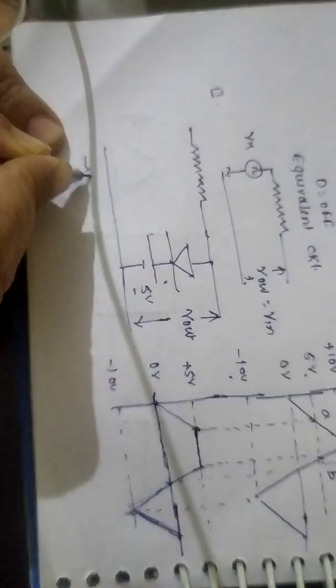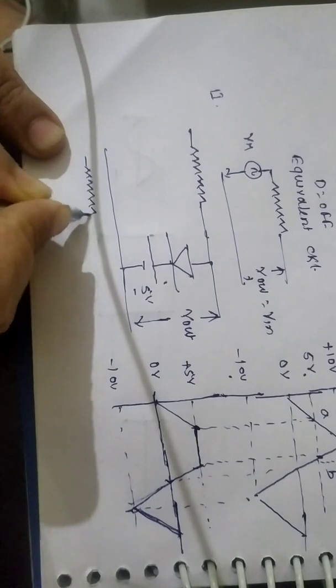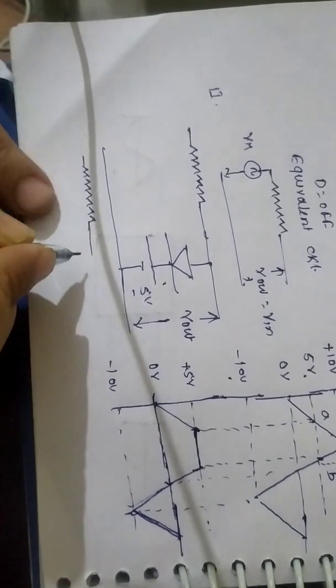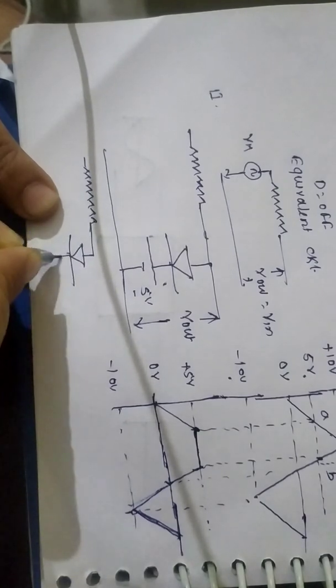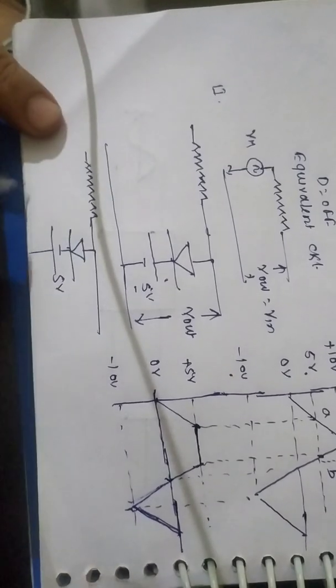And in the third condition, now if I am going to change the position of the battery like this, this is the input and this is output. So here the battery voltage is not 5 volt, it is minus 5 volt.